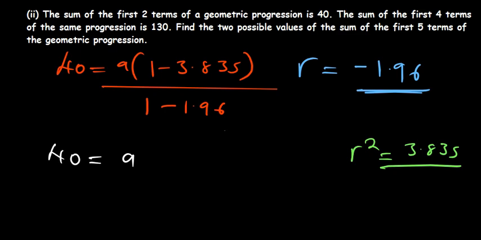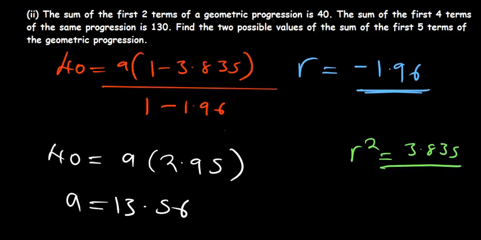So that's going to be negative 0.96. So we get a positive value of 2.95. 40 divided by 2.95. So a possible value of the first term is 13.56 for this case.